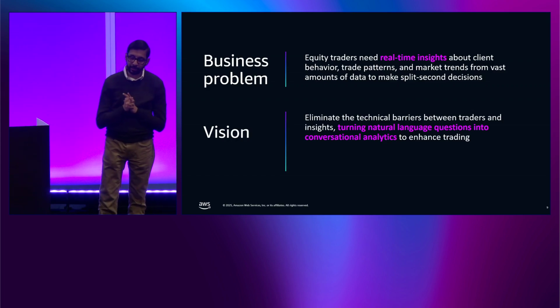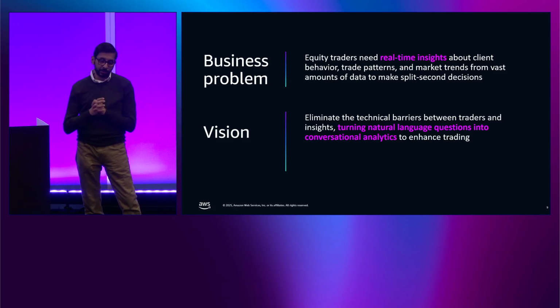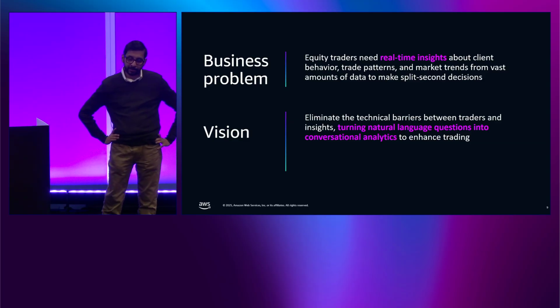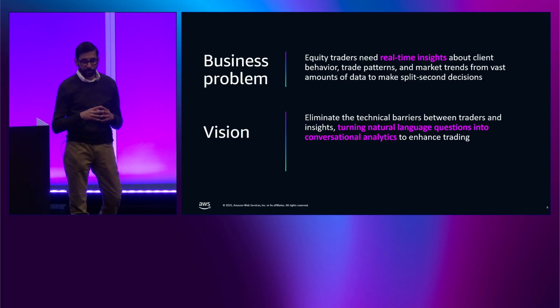So why did we partner with AWS to build a solution for the equity front office? The reason is to solve a set of challenges that Jefferies equities traders face today. It's hard to access real-time insights about client behavior, trade patterns, and market trends because the amount of data is so vast and so fractured.